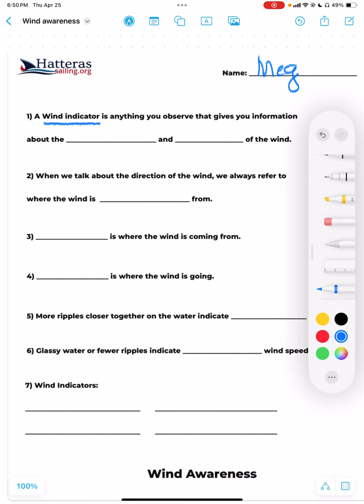So a wind indicator is anything that you observe that gives you information about the direction and the speed of the wind. When we talk about the direction of the wind, we always talk about where the wind is coming from, not where the wind is going to.